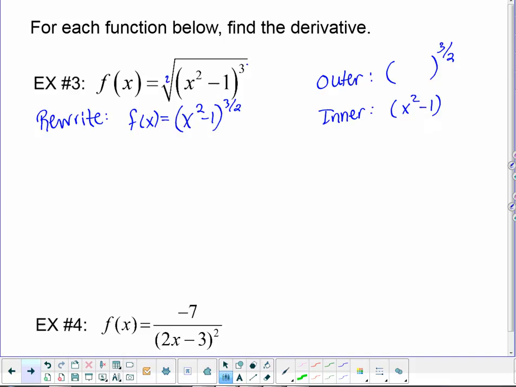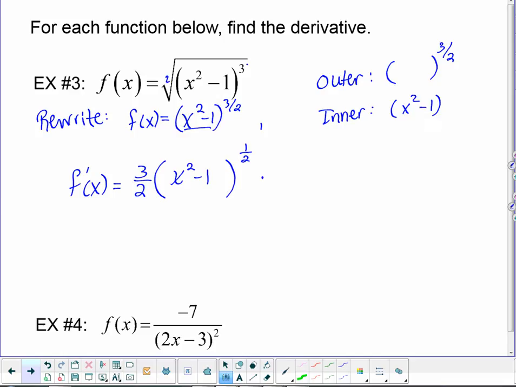So thinking about the chain rule, I'm going to start from the outer function and work my way in. The outer function being the power of 3/2, so 3/2 comes down. It switches to a power of 3/2 minus 2/2, or 1, right? So this is going to leave me 1/2. 3/2 minus 2/2 leaves me 1/2. That was the derivative of the outer. Now, I evaluate that and I leave the inside alone. The g of x goes inside there.